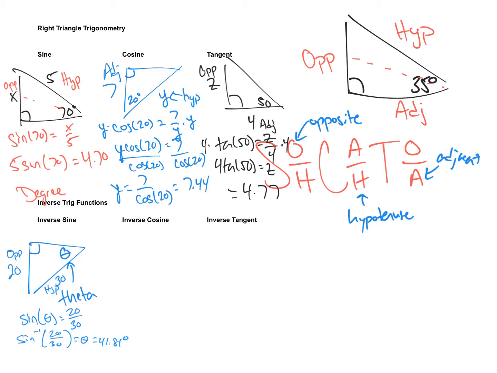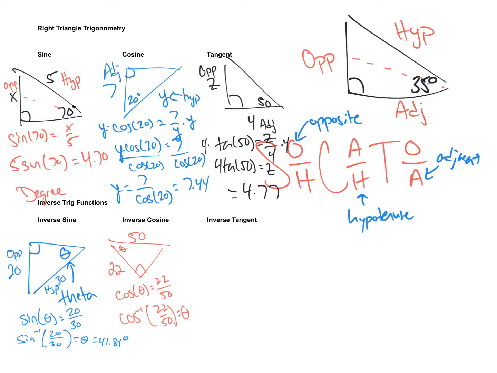For the inverse cosine, we have a triangle. I'm going to solve for theta over here, and I have 22 and then 50. And so I set this up very similarly. I go cosine of theta equals 22 over 50. And so I do the inverse cosine of 22 over 50 equals theta.